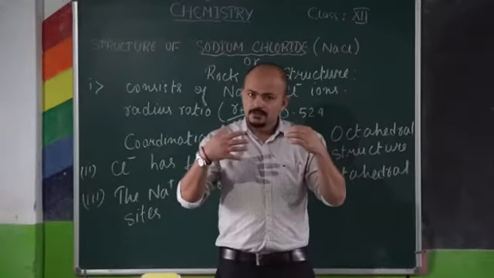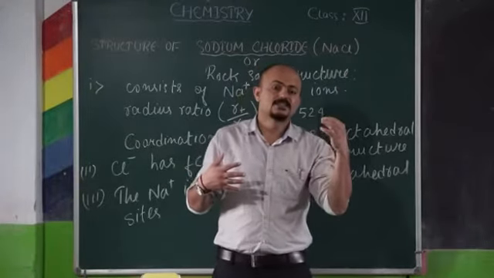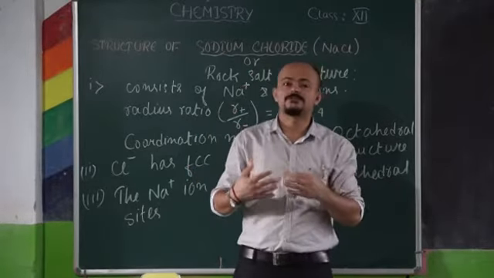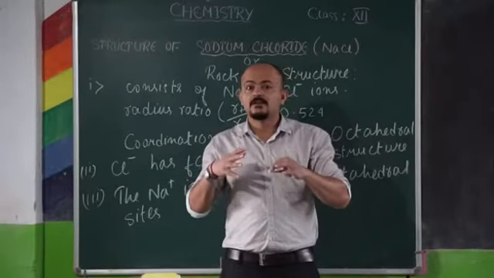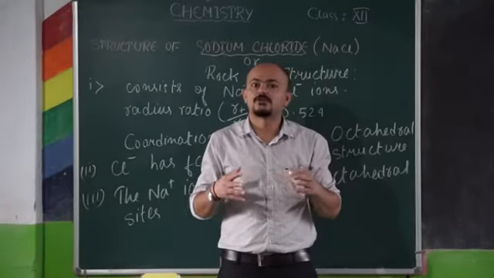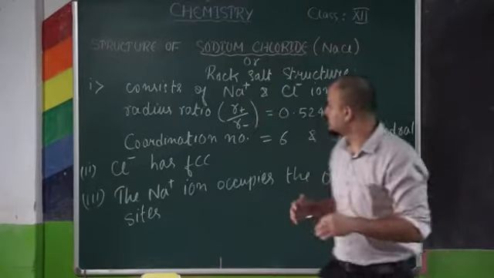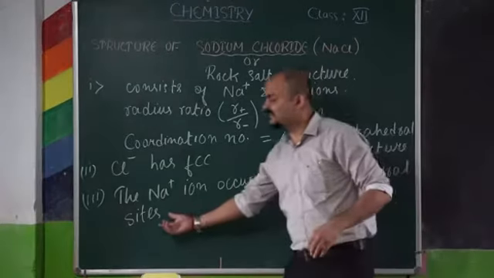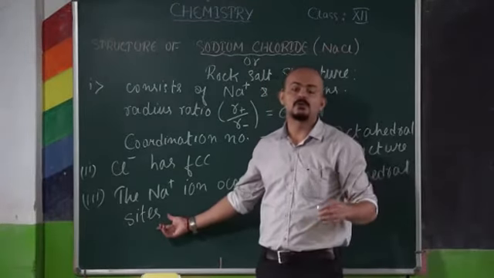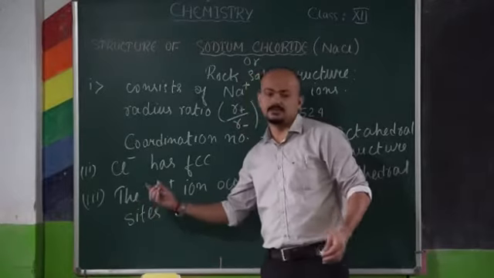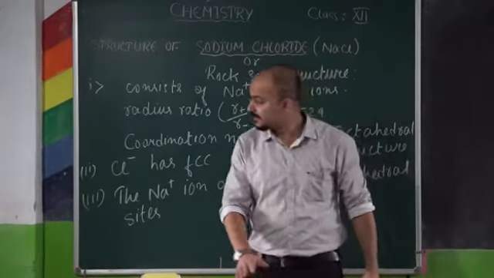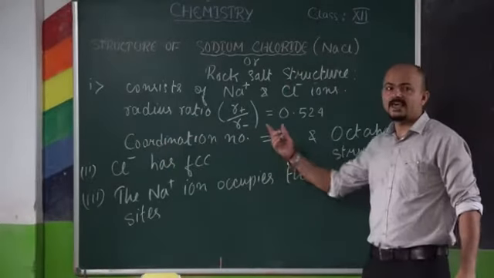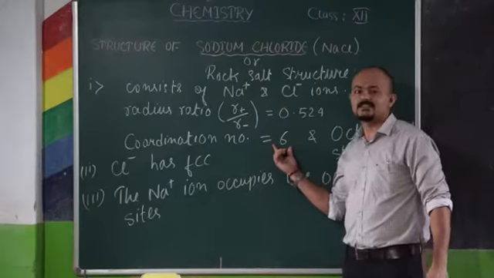Now see, in this structure in NaCl, Cl- ions are present at all the 8 corners and also at the center of the faces. Therefore, there are certain vacant spaces in between, and that is known as what? Octahedral site. Why octahedral site? Because it has octahedral structure. Those octahedral sites, those vacant spaces, will be occupied by Na+ ion. Now here, as we have discussed, the coordination number of both Na+ and Cl- is 6.